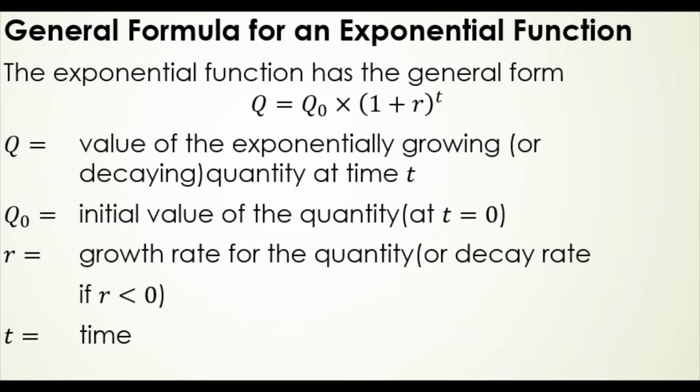Well, here that is the same sort of principle, where we're talking about a growth rate, and again, that growth rate has to be as a decimal as opposed to a percentage. So our general function is going to be q equals q naught times the quantity 1 plus r taken to the t power.